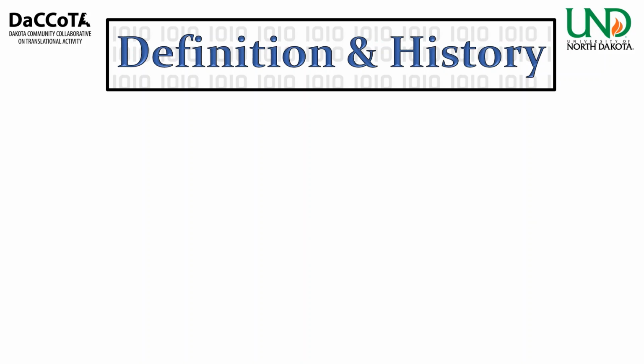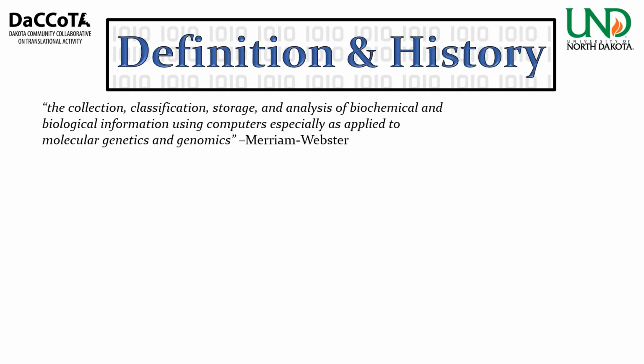So, getting started with definition and history, Merriam-Webster defines bioinformatics as the collection, classification, storage, and analysis of biochemical and biological information using computers, especially as applied to molecular genetics and genomics. So if you think about the word bioinformatics, two parts: bio, life, informatics, so information.